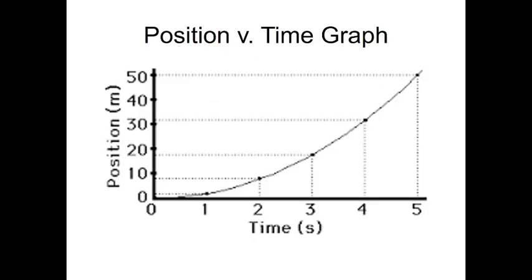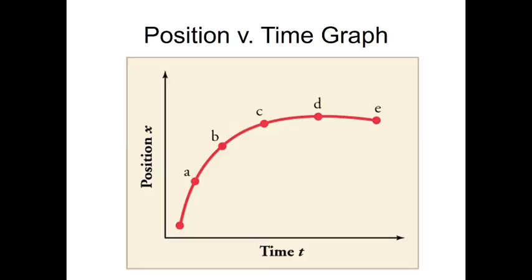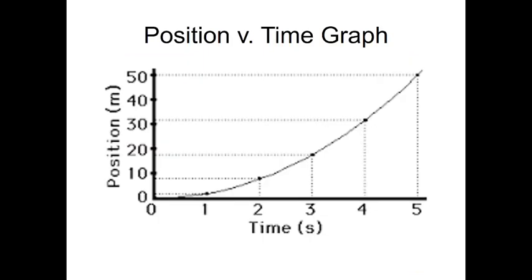Now, something that often confuses people is when we have not a line but a curve on a position time graph. We might say that this curve here is concave up. It's curving up and to the right. When we look at it, over here the slope is fairly low.